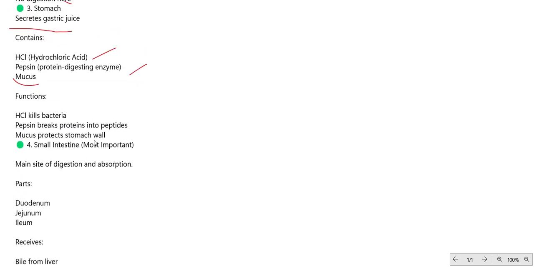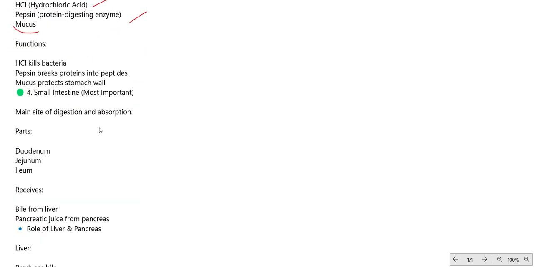The function of the stomach is that HCl kills bacteria, pepsin breaks down proteins into peptides, the smaller forms of proteins, and mucus protects the stomach wall, because in the stomach you have HCl.